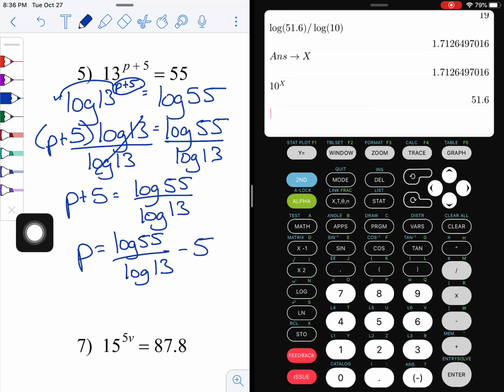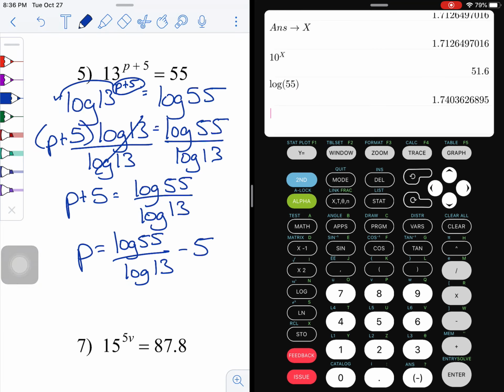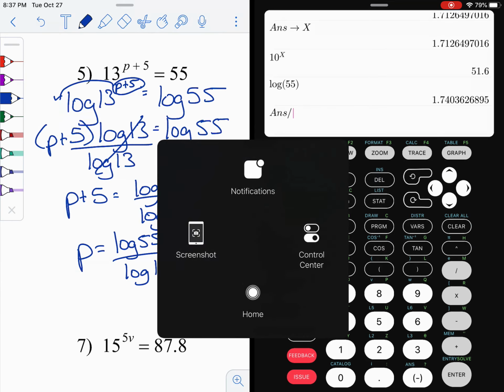Now, I've been working with the TIs for a long time, so I can put this whole thing in at once. If you think you're going to have problems with it, take it apart in pieces. Put in the log of 55, and I'll actually show that. So log 55, hit enter. Now, just immediately hit divide.